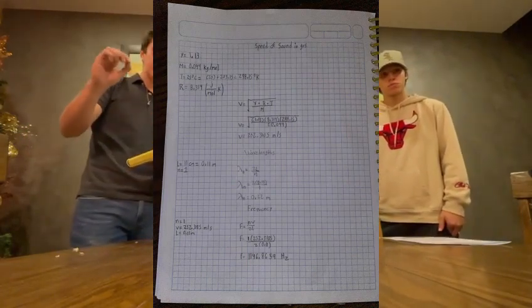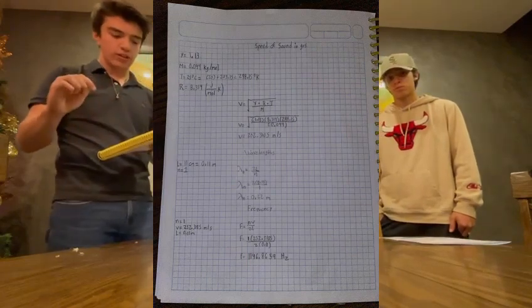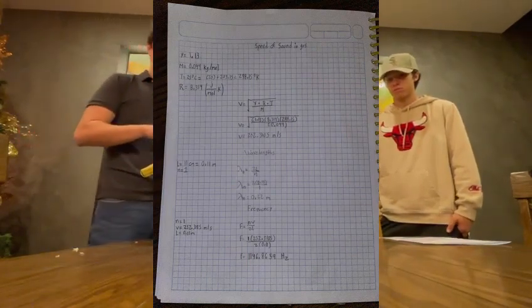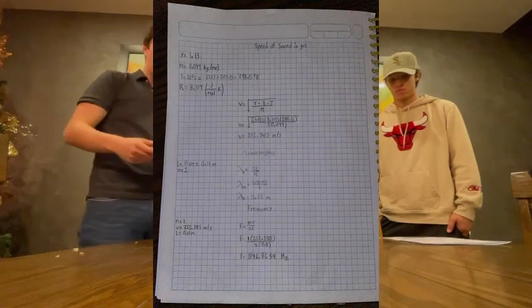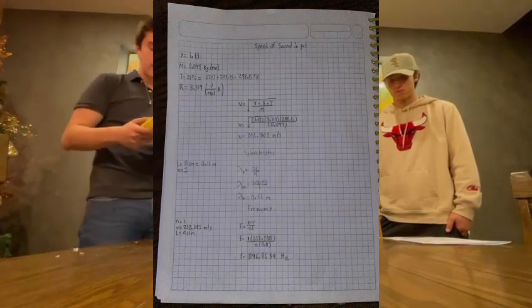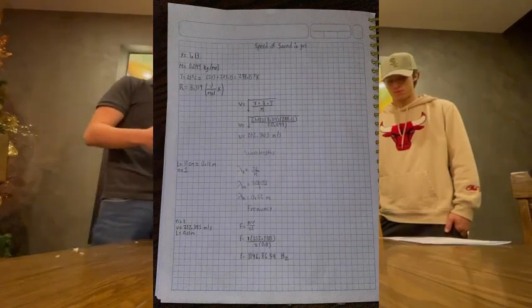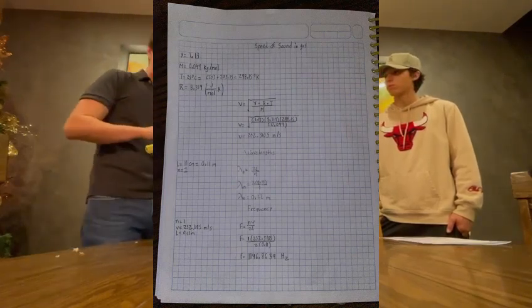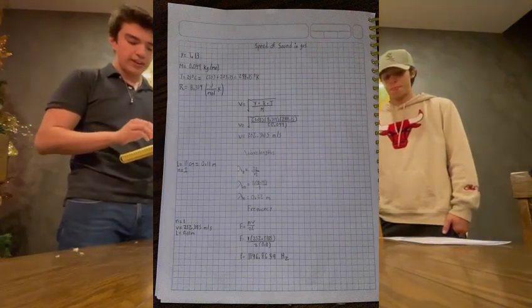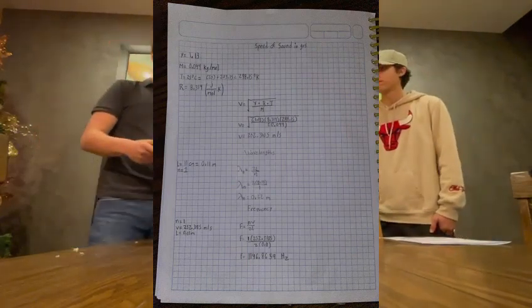So, as you can see in the image, velocity equals the square root of these three things I told you over the molar mass, which gives us 252.3105 meters per second.